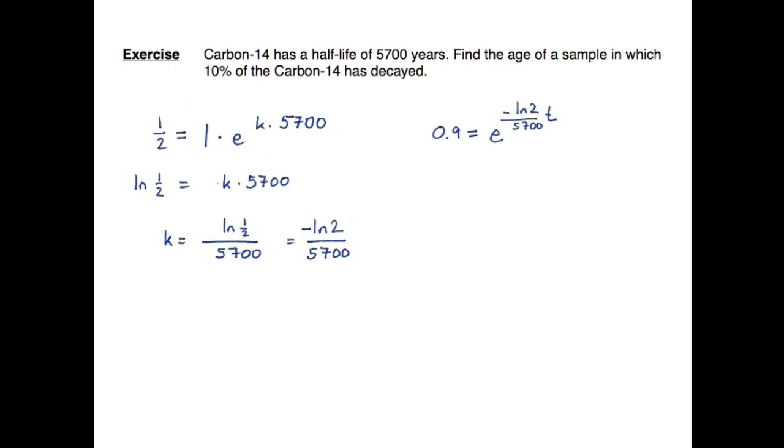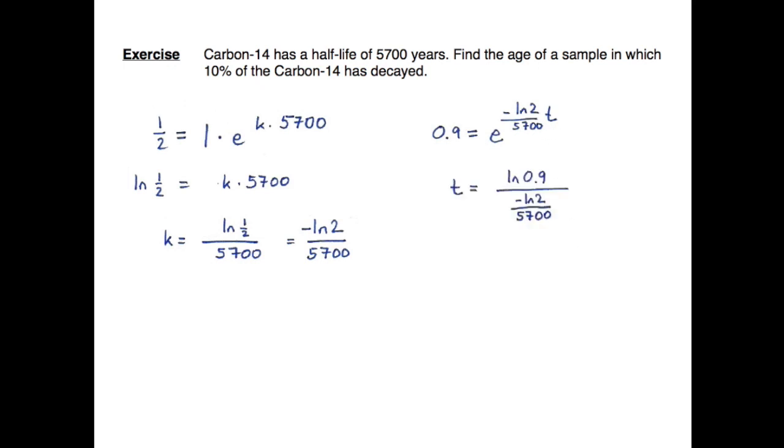So now that I found the value of k, I can read the second part of the problem. Find the age of a sample in which 10% of the carbon-14 has decayed. So from my original 1 unit, 1 times e to the kt, 10% has decayed, so I'm left with 0.9 units of carbon-14. 0.9 equals e to the power of that constant k times t.